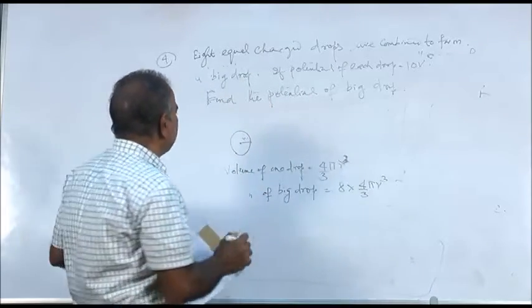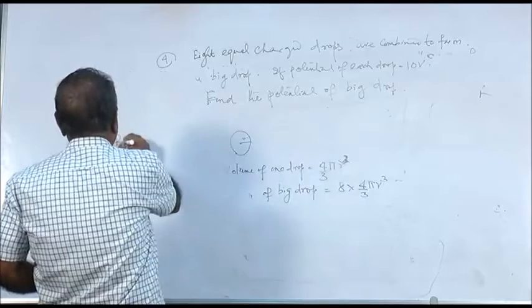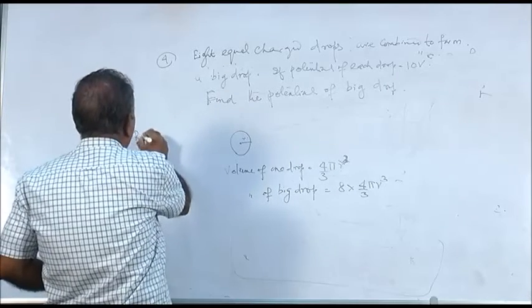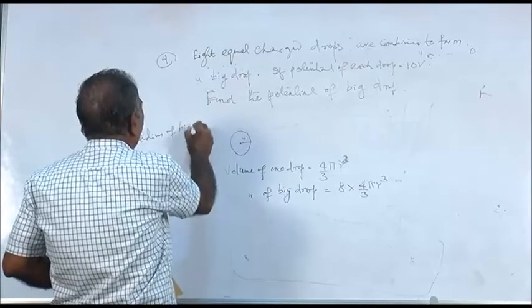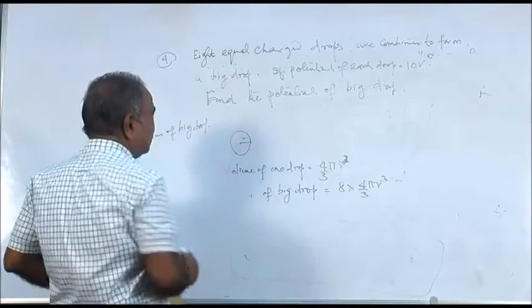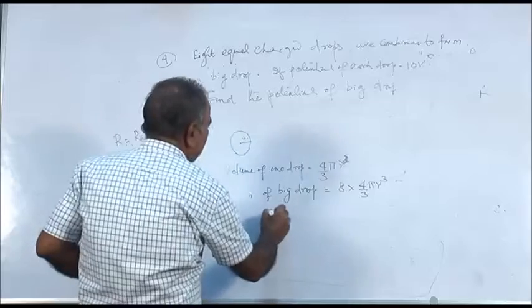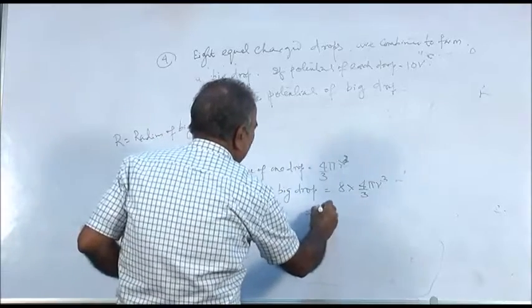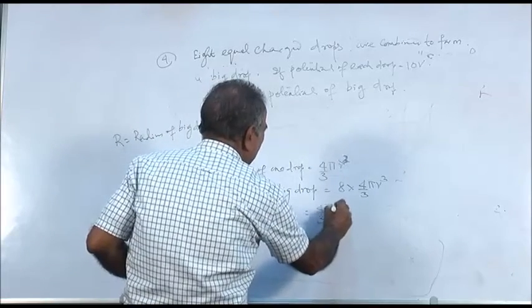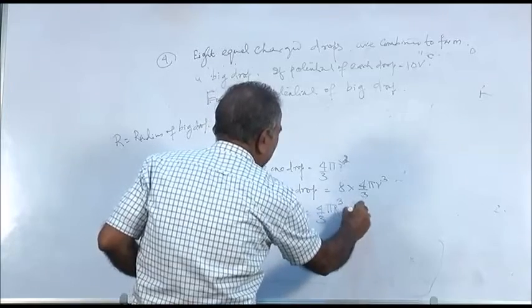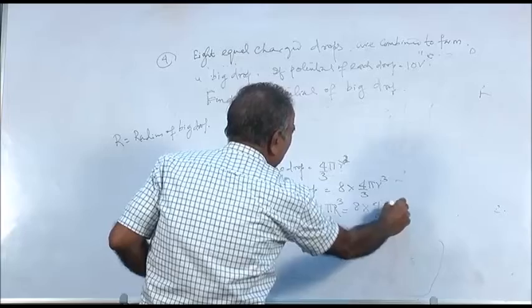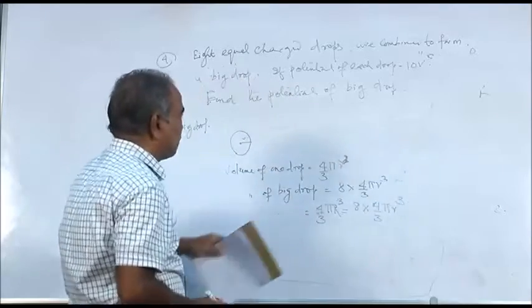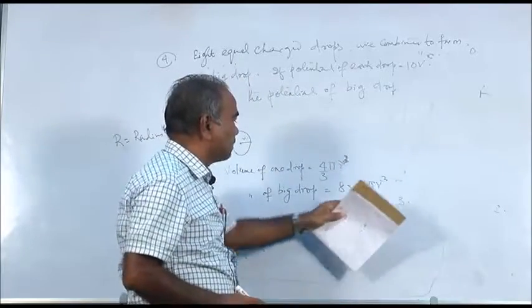If capital R is the radius of the big drop, then the volume of the big drop is 4 by 3 pi R cube, which is equal to 8 into 4 by 3 pi r cube. The 4 by 3 cancels, pi cancels.